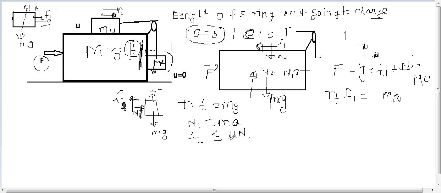If we look at this carefully, what can I write? F minus N minus ma should be equal to capital M a. So F minus N should be equal to (M plus m) a.